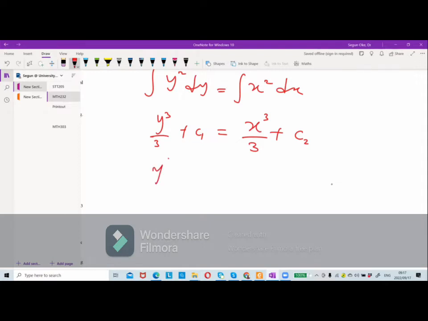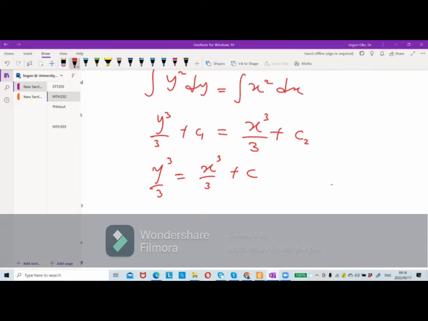I can say y raised to power 3 over 3 equals x raised to power 3 over 3 plus c. Because c plus c is still c. C1 plus C2 is equal to C. Or if you still want me to maintain it, it's still the same.